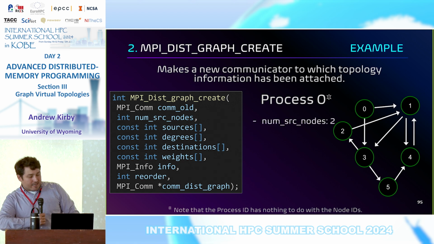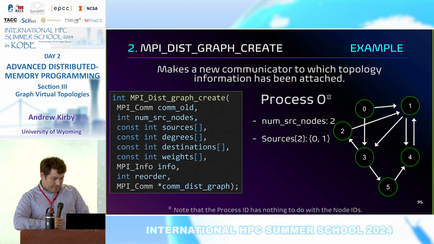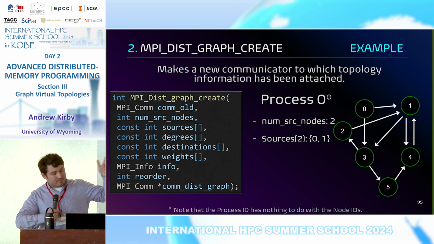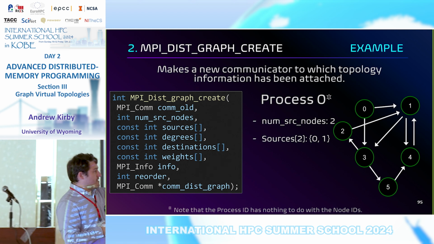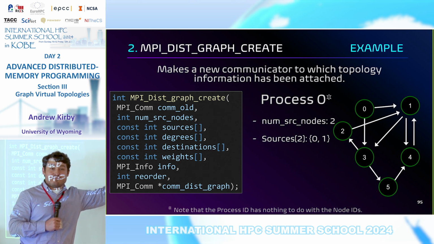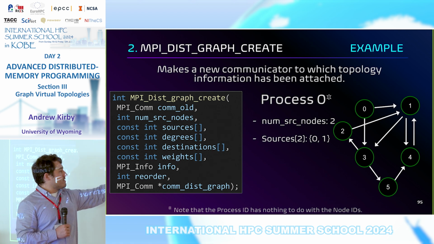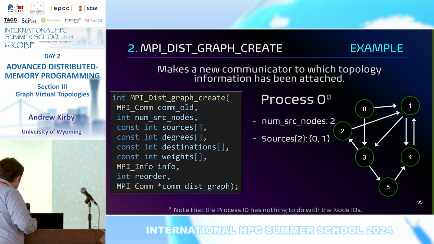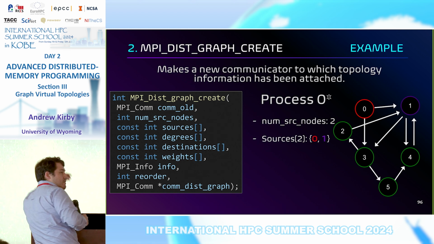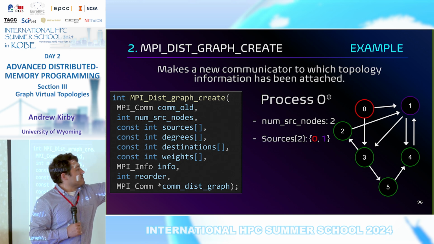Okay, let's look at process 0, and I'm just mapping here, being intuitive, right? I'm going to take process 0 and map it here for convenience. So here, how many source nodes, I better look at this. Okay. So how many source nodes does 0 have?